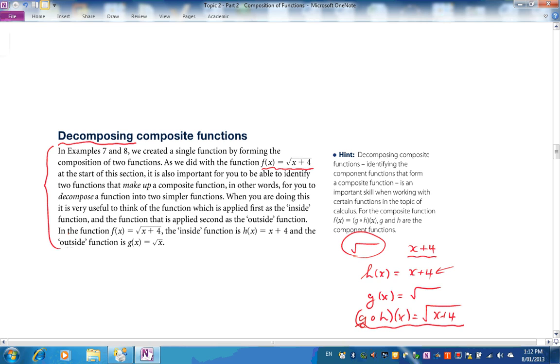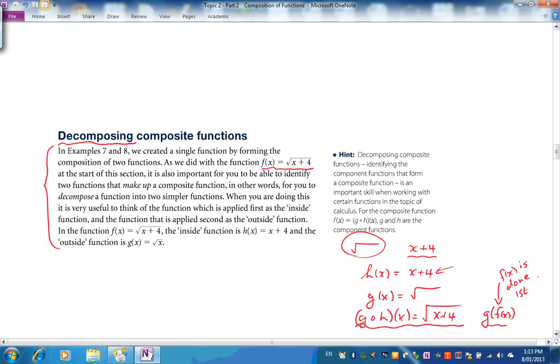You're really wanting to work out which one was done first, and then that becomes the function that the second one has to operate on. You can think of it like this or like that. It's clear in this notation that g is going to operate on the result of f. So f is done first in this scenario.